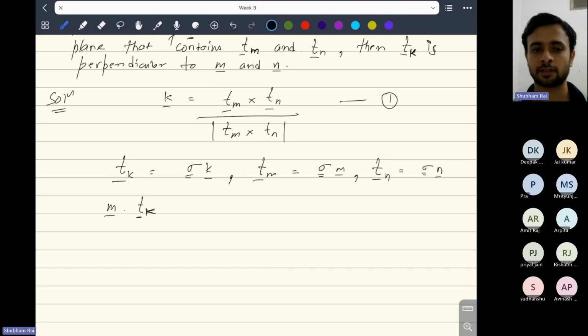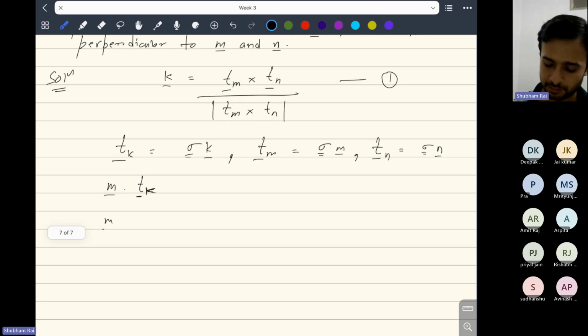Tk is the traction vector on a plane with plane normal as K vector. If you substitute K, that will be sigma times K vector, right? You must be aware of this property: let's say you have matrix A times vector B, and A is dotted with this.